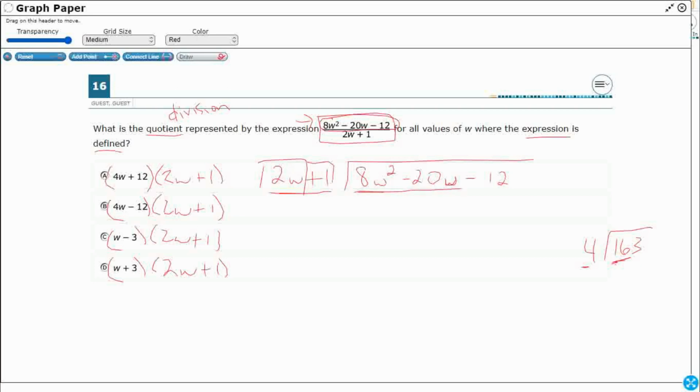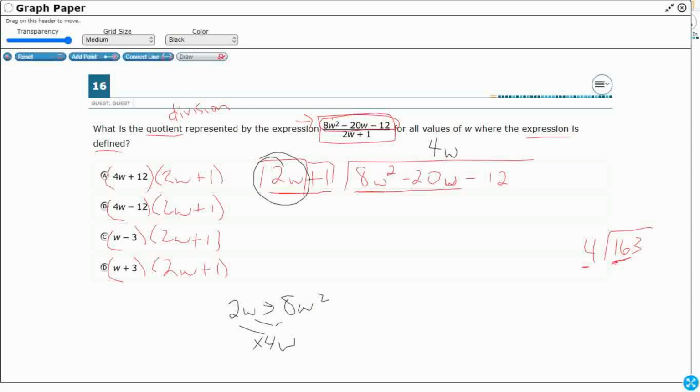So let's match up the 2w with the 8w squared. How many times do we think 2w can go into 8w squared? Well, if we do 2 times 4, we would get 8. And if we did w times w, we would get w squared. Okay, so let's try this. 4w.